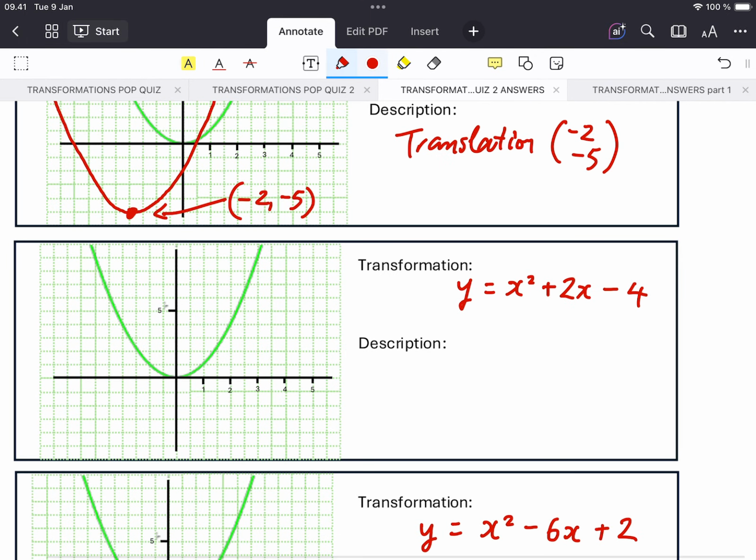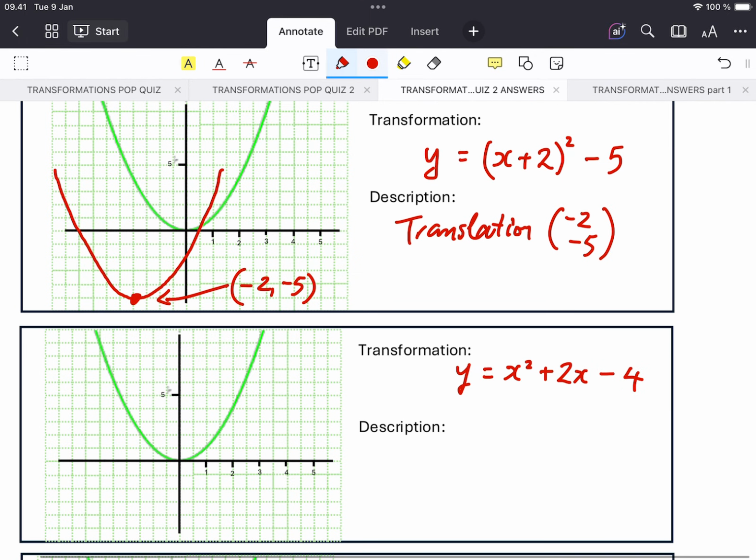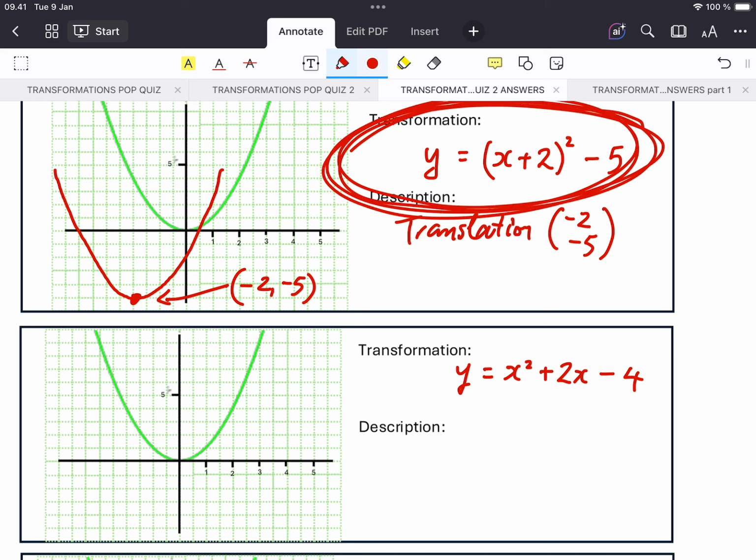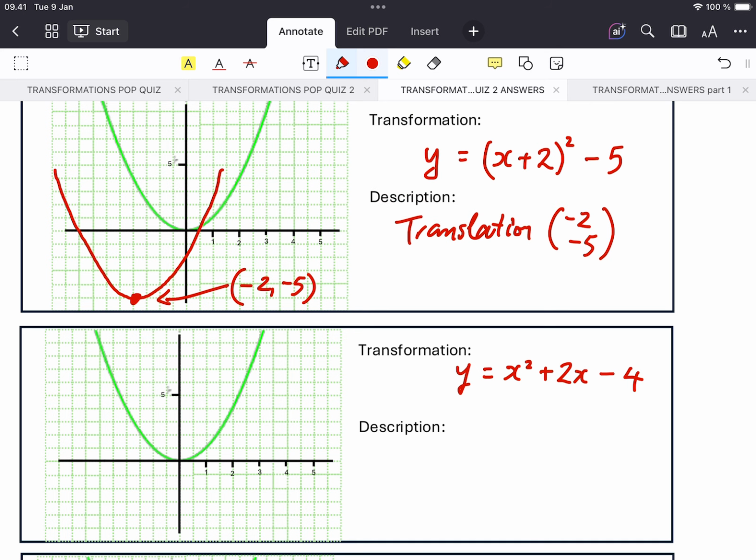Right, and then there's this one, y equals x squared plus 2x minus 4. So the idea is that we want to write it in this kind of form so that we can break it down into a movement left or right and a movement up or down.